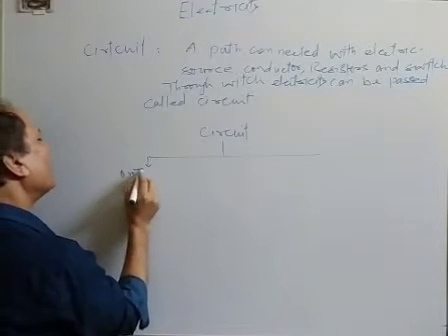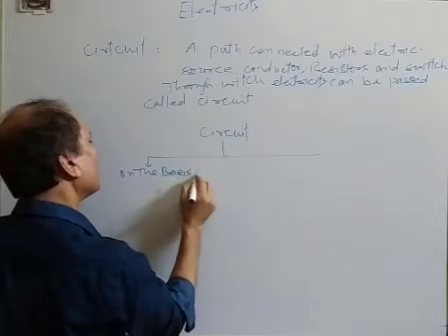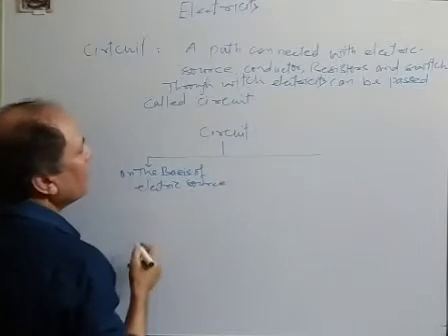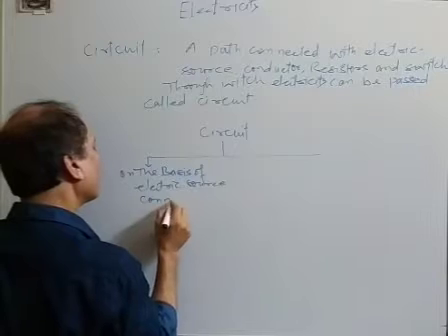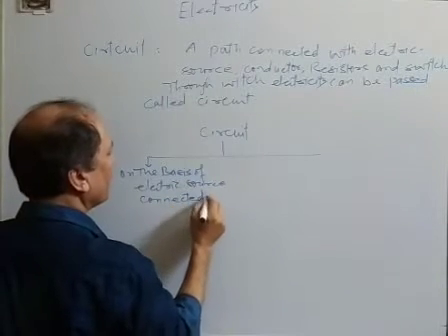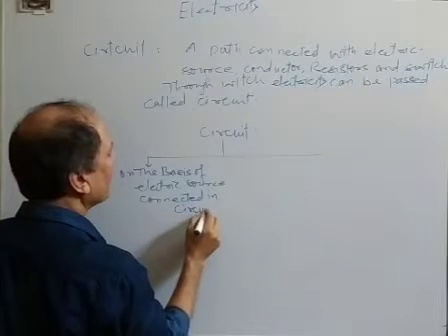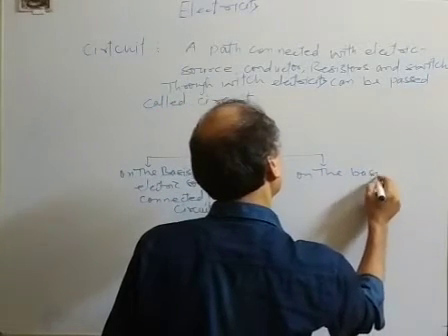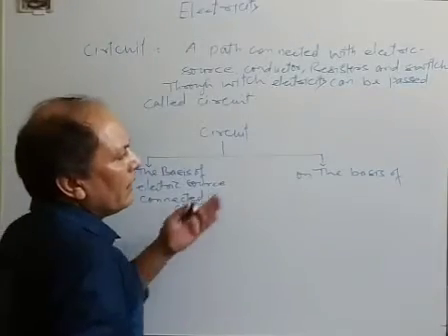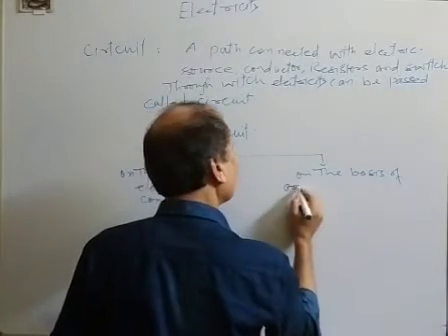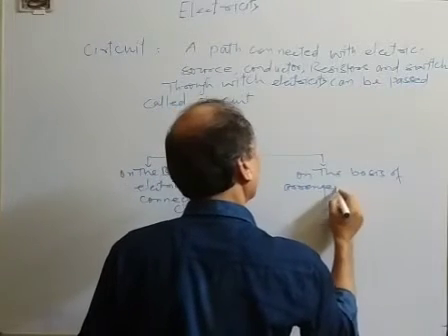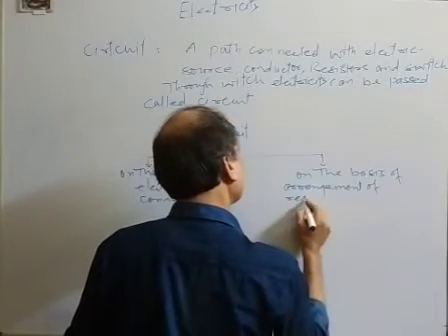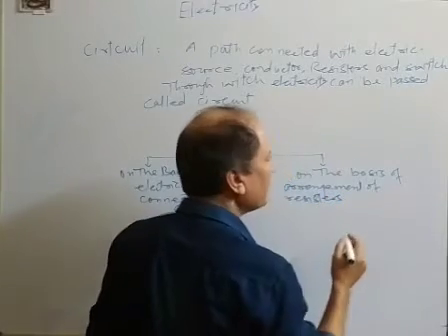First, on the basis of electric source connected in circuit, and number two, on the basis of arrangement of resistors connected in circuit.